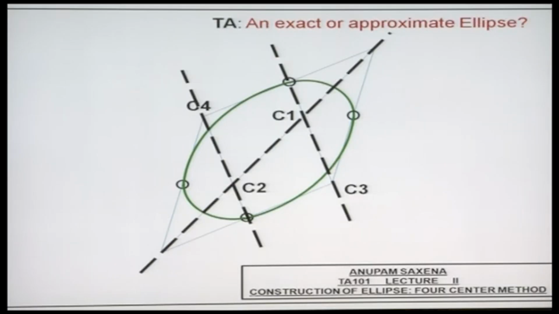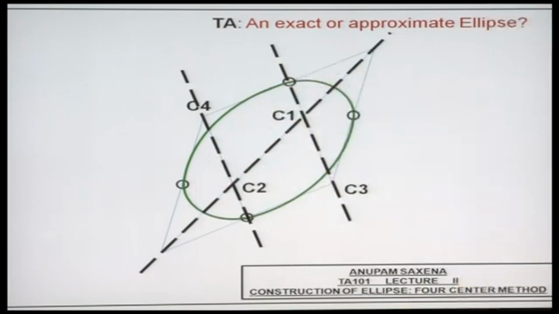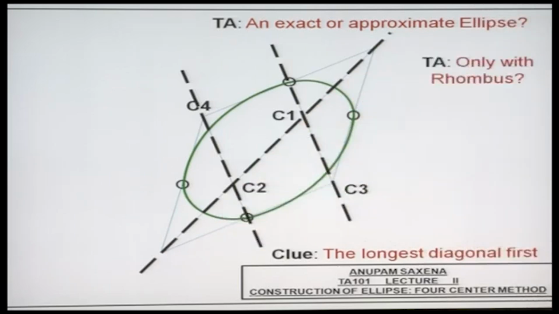As I said, this has to be an approximate ellipse because all these 4 geometric entities are arcs. They cannot be a part of the ellipse. And of course, as I said, the clue is that you have to identify the longest diagonal first. But this method works only with a rhombus. It doesn't work with parallelograms, for example.